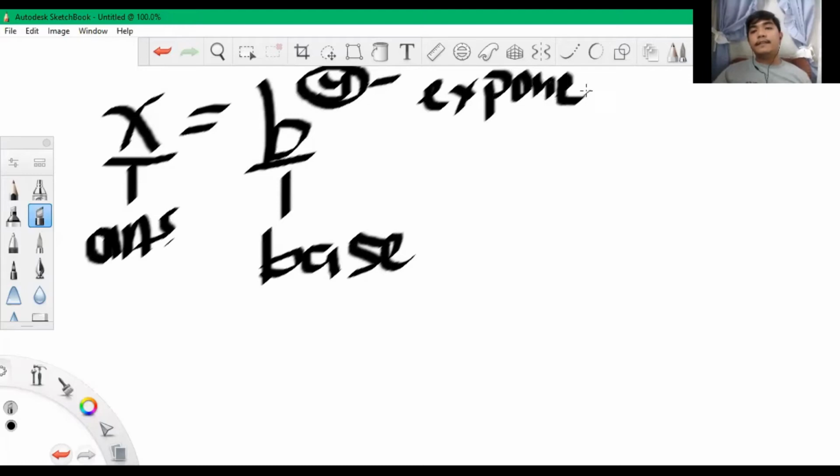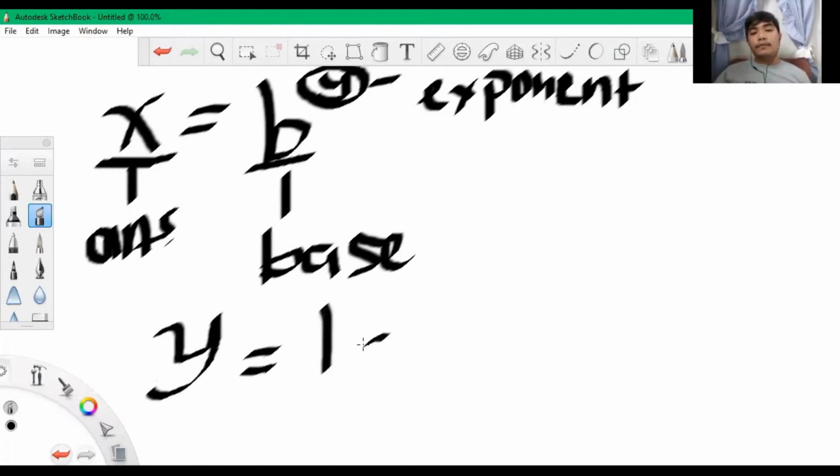The meaning of this exponential equation is that when we solve b raised to y, it should be equal to the value of x. So the left side and the right side should be equal. And this is in an exponential form. We can convert this exponential form into a logarithm, wherein y is equal to the symbol of logarithm, which is log.